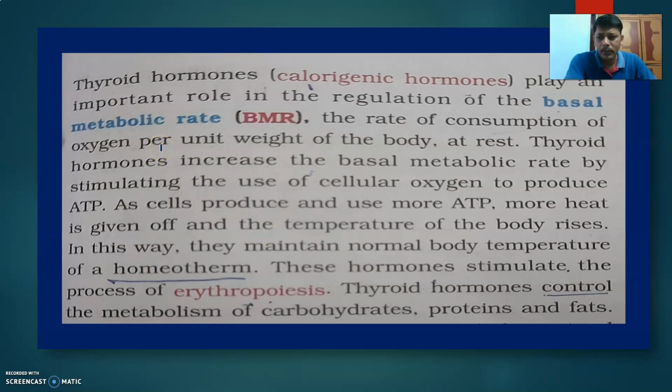What are the functions of these hormones? Thyroid hormones are also called calorigenic hormones. Very important point.